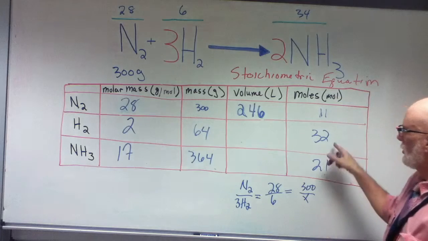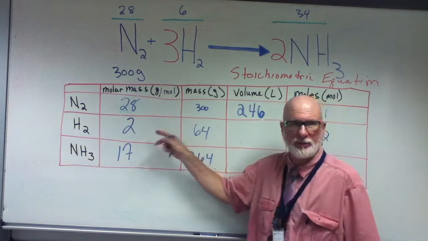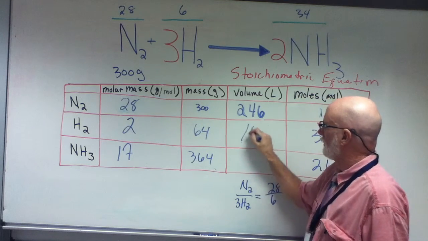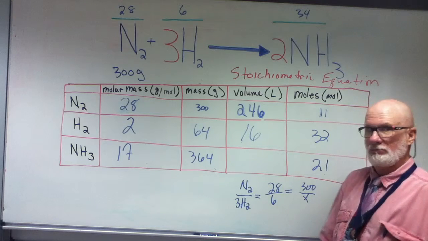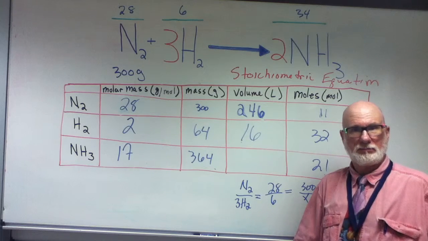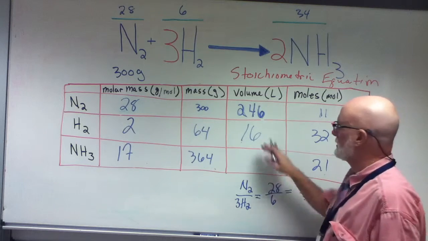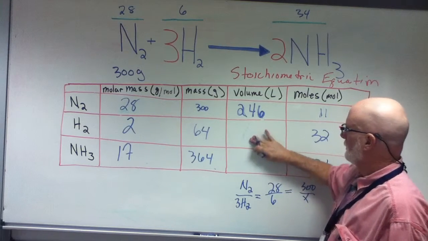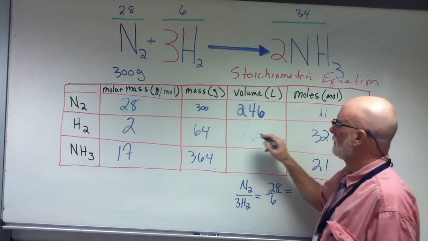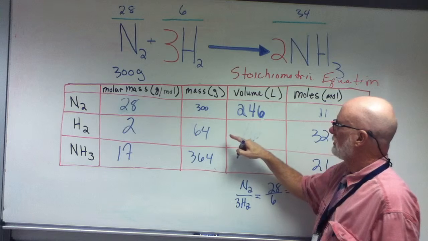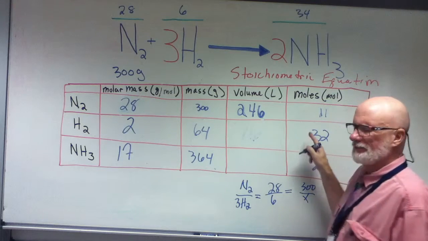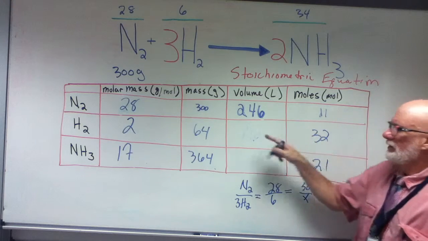Okay. 32 divided by 2. 716.8. Whoa. Wait, what? Hold up. I'm sorry, 64. Sorry, multiplying. Yeah. 716.8. So 717. I'm sorry. What am I doing? Sorry. Moles times.